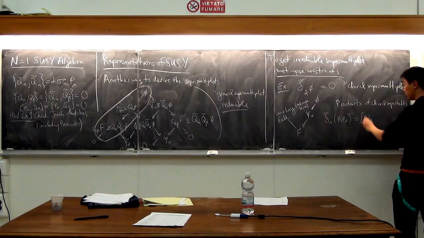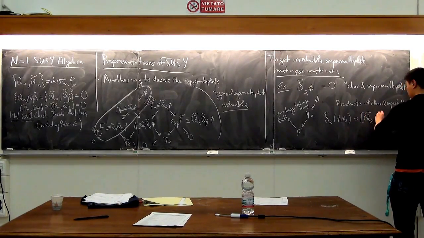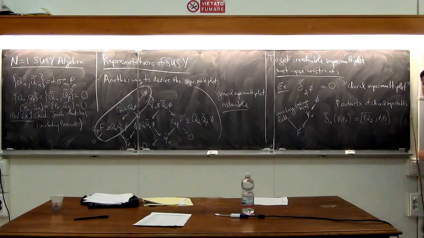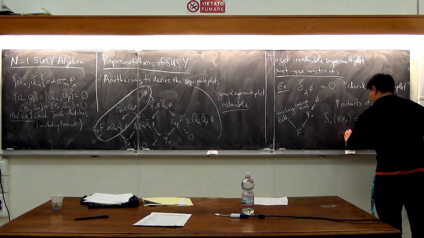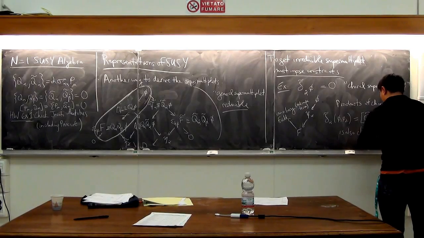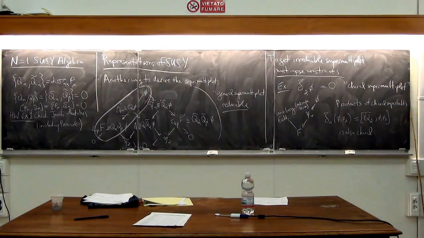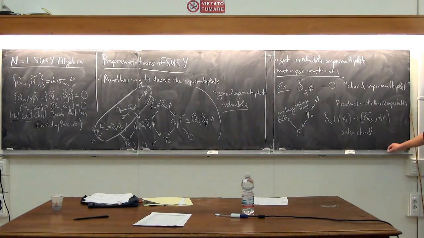So it acts like a derivative, right? Commutators act like derivatives. So if phi1 and phi2 are both chiral, then their product is also chiral. And that is a key fact that we will need in order to construct supersymmetric Lagrangians later on.